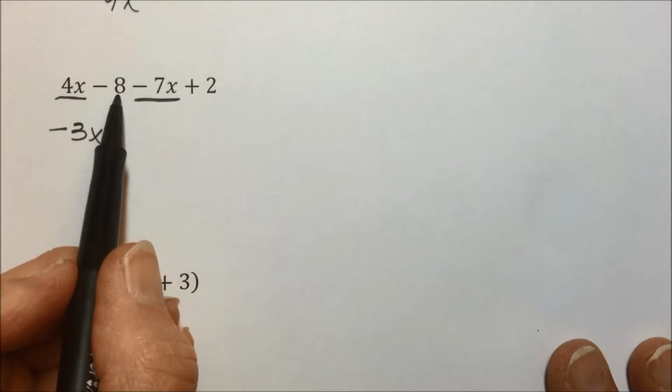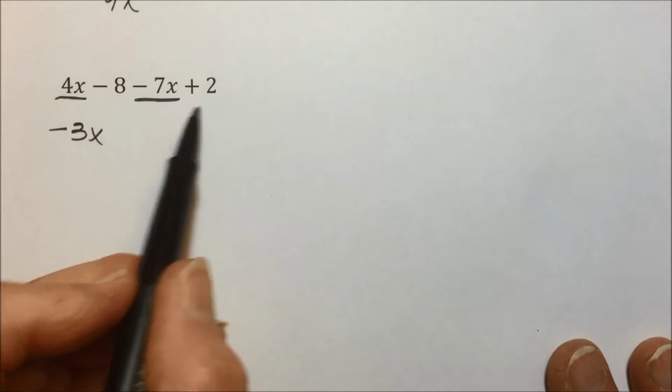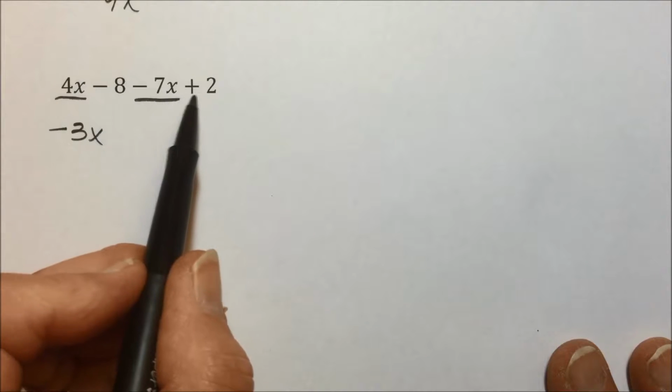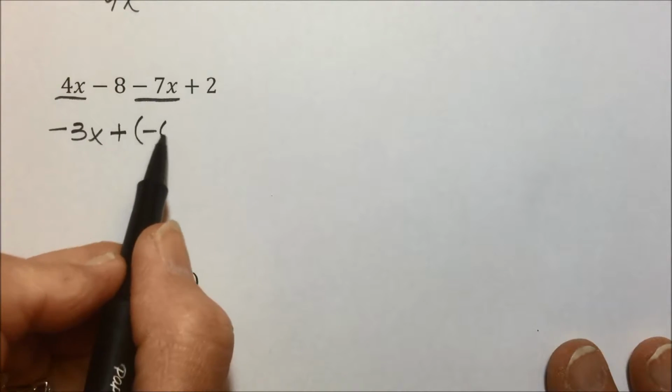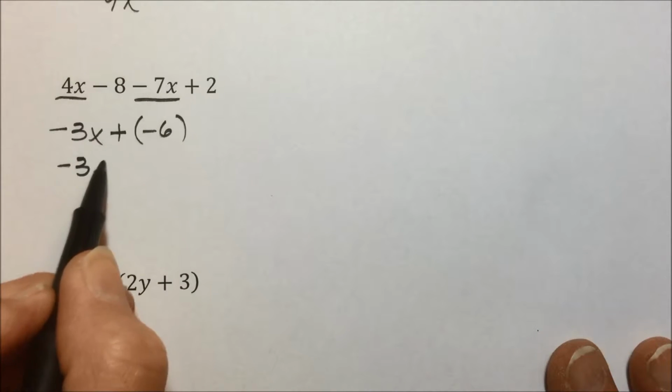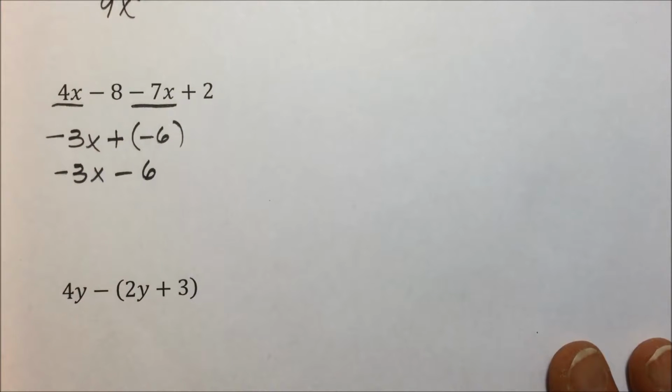What's left to simplify are simply constant terms. They don't have a variable in them. In this case, they're integers. Negative 8 plus 2 adds up to be a negative 6. We could have also written this as just a minus 6. So there's the simplified version of that expression.